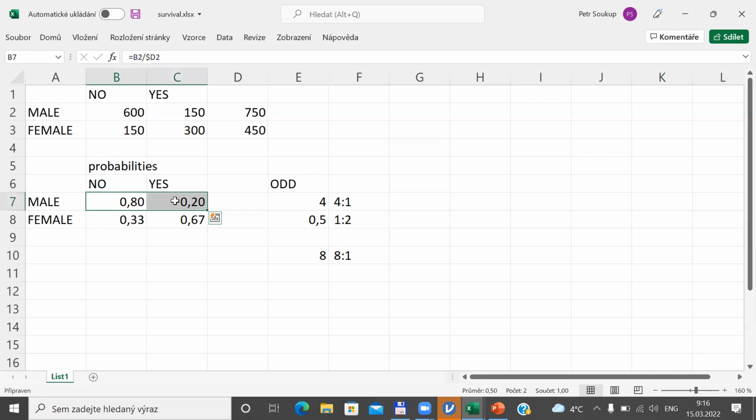Currently, we are taking fractions from values that go from 0 up to plus infinity. So what could be the minimum and maximum? 0 minimum, and maximum once again plus infinity. So for odds and odds ratio, there is the same theoretical minimum and maximum.